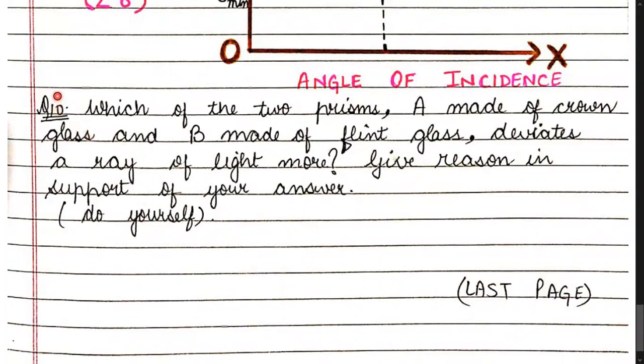Children, this question also you have to do yourself, and you can get its answer in exercise 4A. So here the deviation is directly proportional to refractive index. So now I have given you the hint of this question. You all have to do these questions as your revision questions.